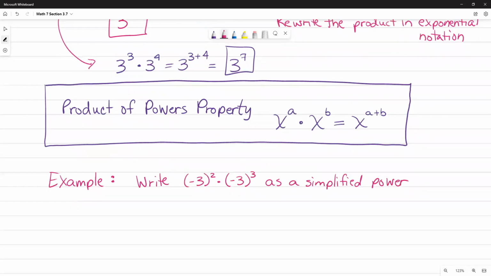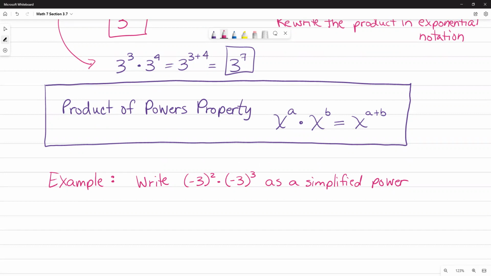All right, now here's the really important thing. If a number is negative, you must keep the negative in parentheses, because a negative times a negative is positive. Your answer may not always be negative if you simplified it to a whole number. So it has to stay in parentheses.